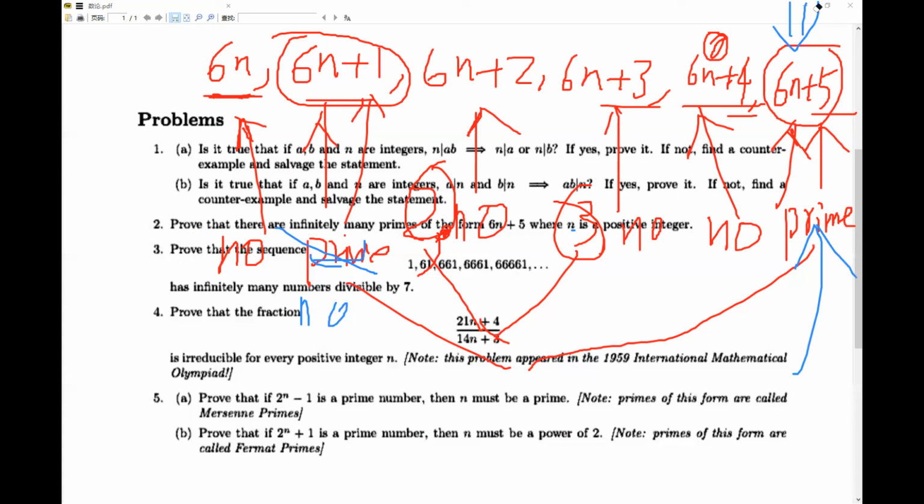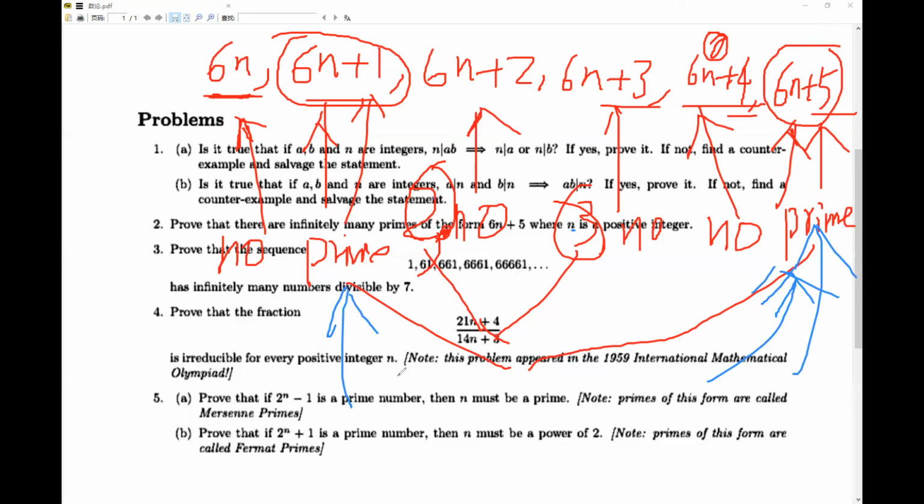But unfortunately, we have some prime numbers, we don't know how many, maybe infinite, maybe limited, that fall into the group 6n plus 1. Now you have to prove there are infinitely many primes falling into this one. That's the trick, and that's the hint.